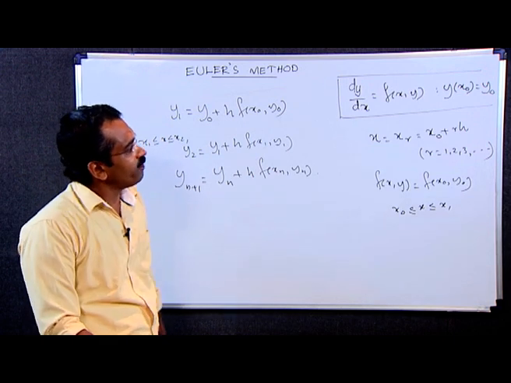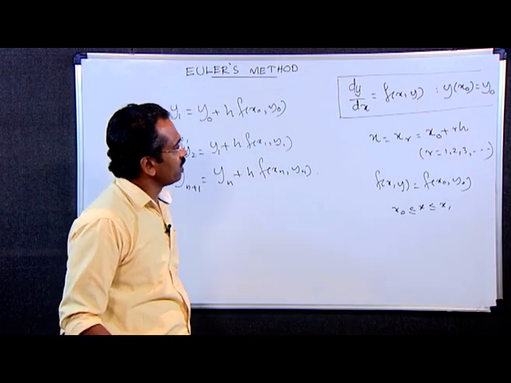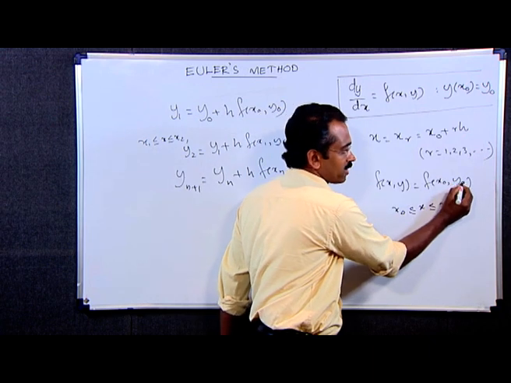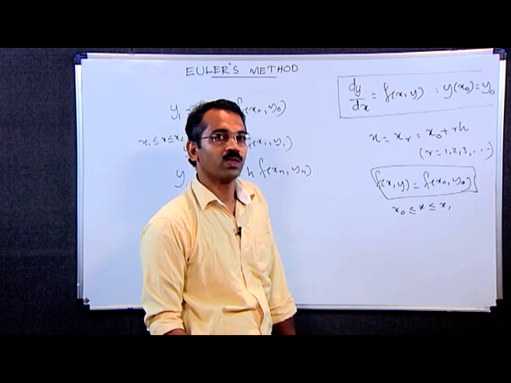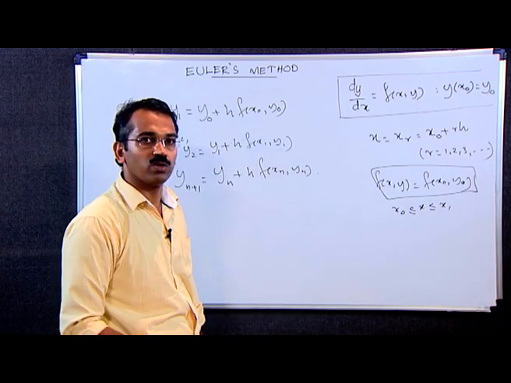In the modified Euler's method, instead of approximating f of x y by f of x naught y naught, we approximate the integral by means of the trapezoidal rule.